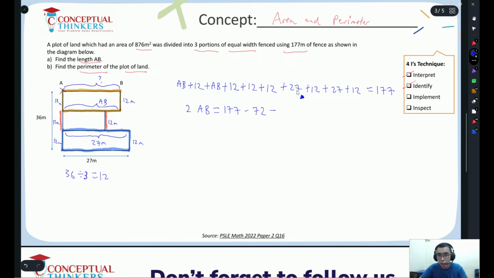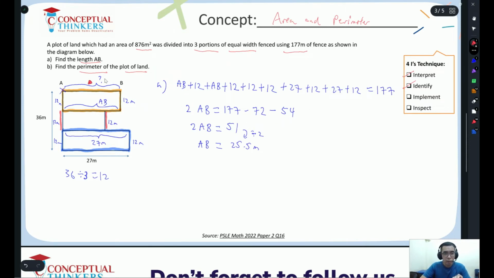Then minus away 27 times 2, that gives me 54. If I minus this, 2AB gives me 51. To find 1AB, I take 51 divided by 2, so I get 25.5 meters. This gives me my part A answer.